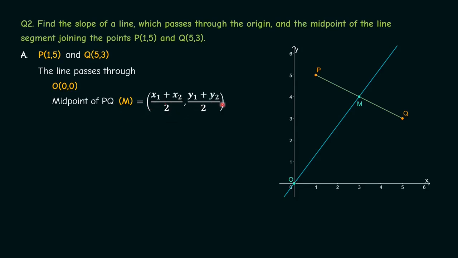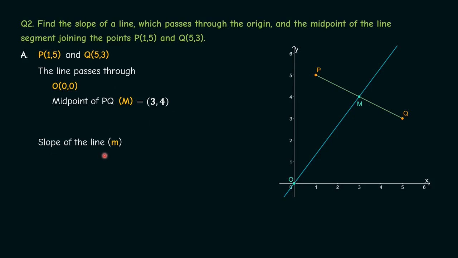Midpoint formula: ((x1 plus x2) by 2, (y1 plus y2) by 2). The midpoint of line segment PQ is ((1 plus 5) by 2, (5 plus 3) by 2), that is (3, 4). The midpoint M is (3, 4).